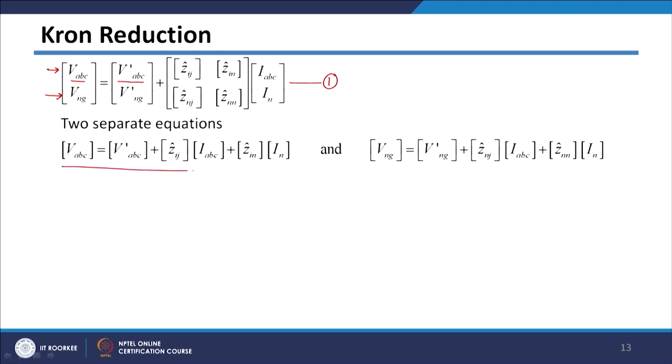This is your first equation here, the first row, and the second equation corresponding to the second row is VNG, which will be equal to V dash NG plus your ZNJ into IABC plus ZNN into IN. So, this is your second equation.